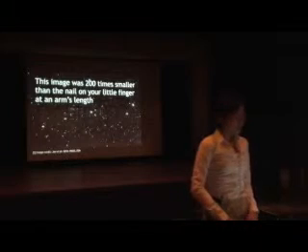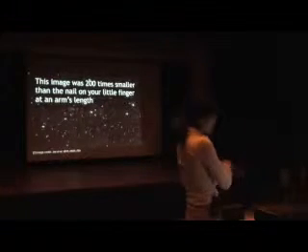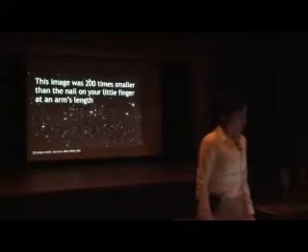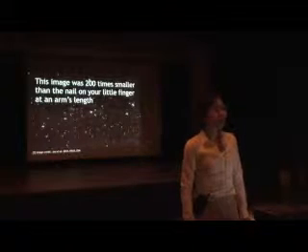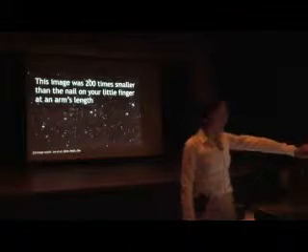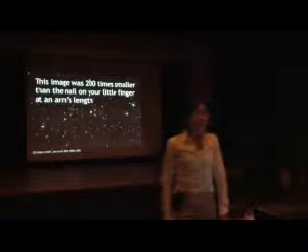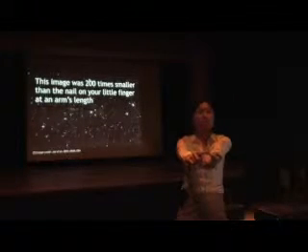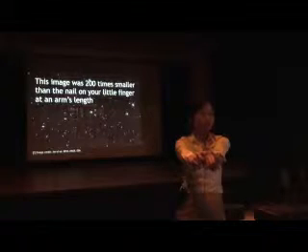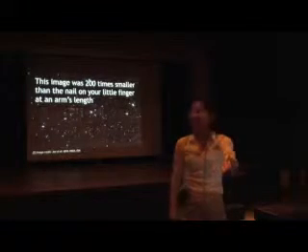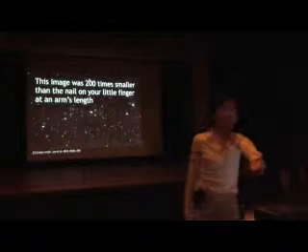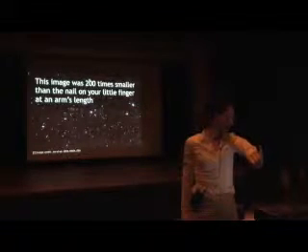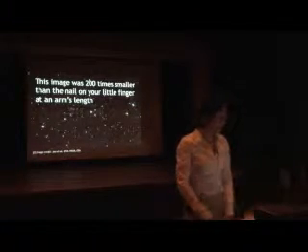For instance, this image taken by the Hubble Space Telescope corresponds to an apparent size of around 3 arc minutes by 6 arc minutes. If you hold out your arm, the nail on your little finger would correspond to a size of around 1 square degree. And the apparent size of this image is around 200 times smaller than that nail.